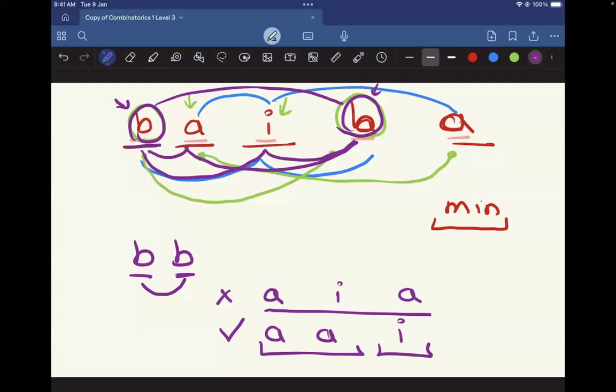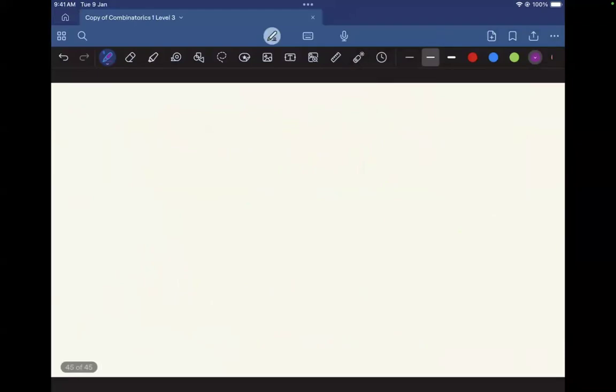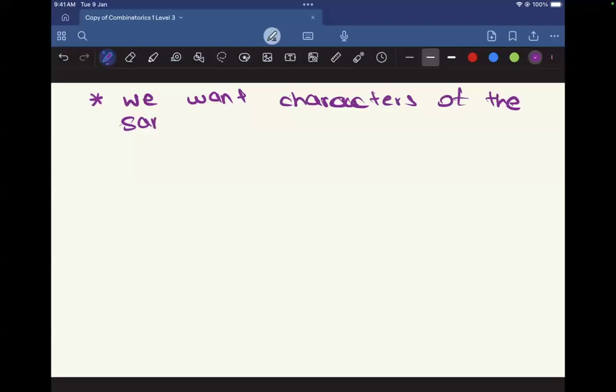Yes? All right. Now, if this much is clear, the first thing we have already proven is that we want characters of the same kind together.